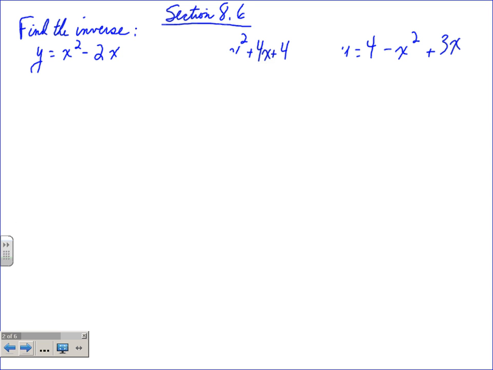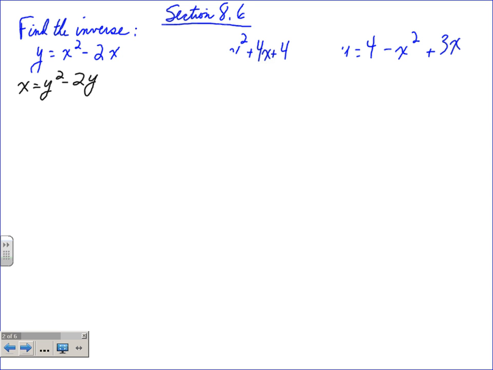All right. Let's take a look at the one above. Switch the x and y. X equals, I've got to switch both x's here. Y squared minus 2y. Okay, well, I'm going to save a little bit of trial and error here, but you cannot solve for y the way it sits. You could factor out a y times y minus 2. You still can't get y by itself.